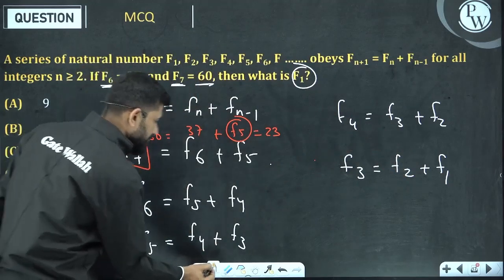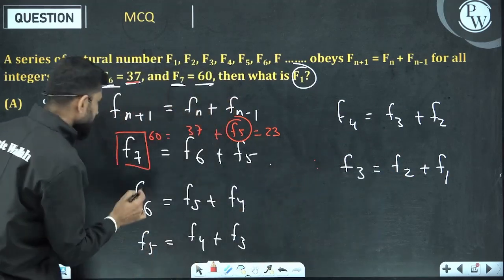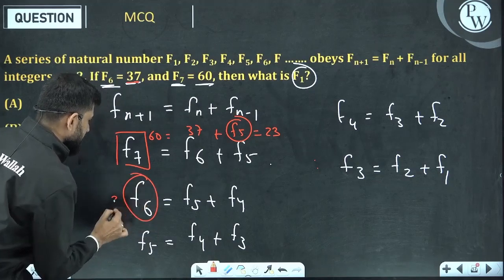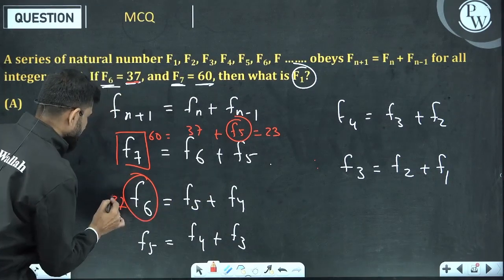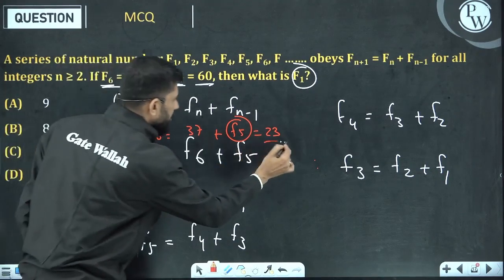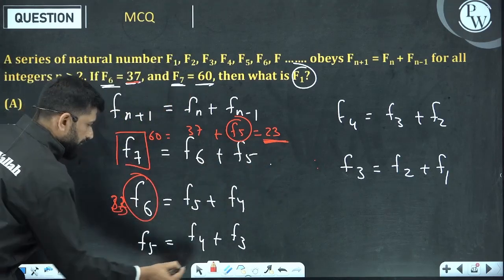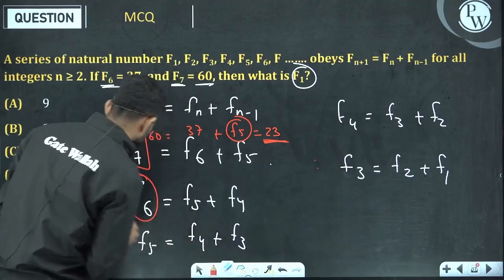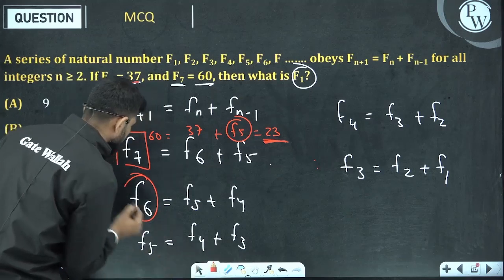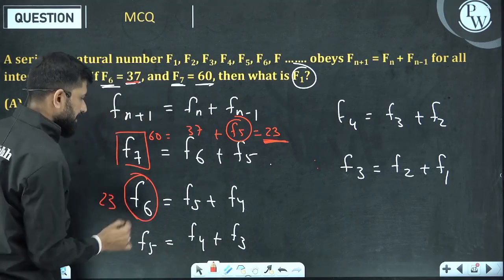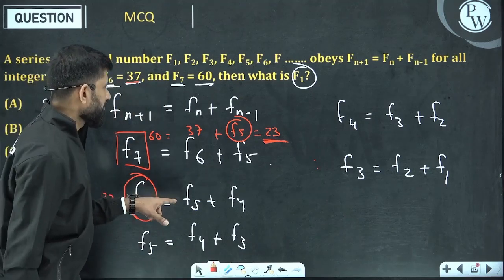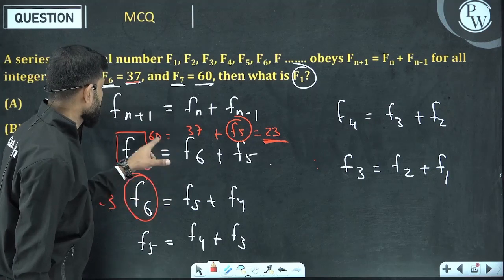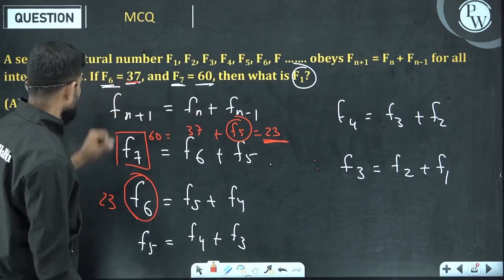Now I am placing the values. Here the f6 value, you know, it is 37. No, not 37, it is 23? You derived 23 for f5. f6 is already given as 37.